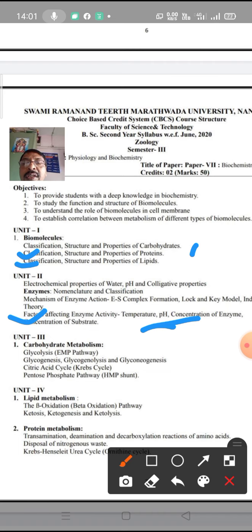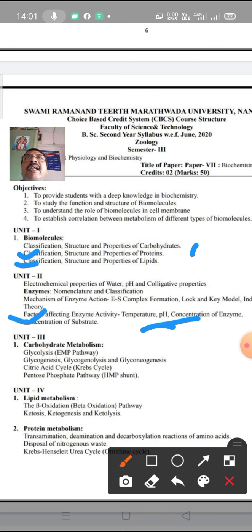Now the third unit is carbohydrate metabolism. In carbohydrate metabolism you have to study the glycolysis process, that is called the EMP pathway. Next is glycogenesis, next glycogenolysis and gluconeogenesis, that is the production of glucose from non-carbohydrate sources such as proteins and lipids. The next topic is the citric acid cycle.